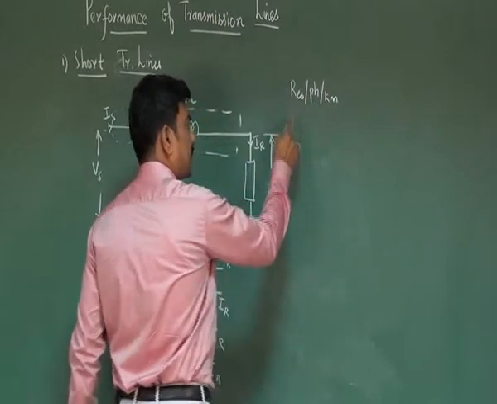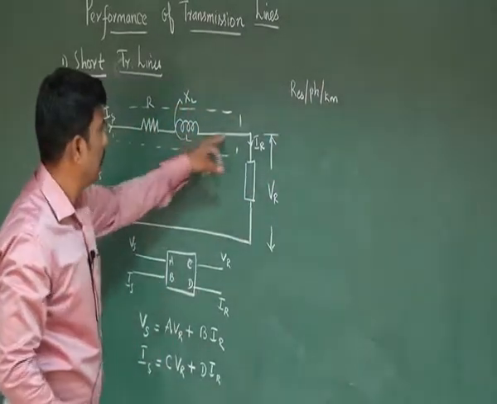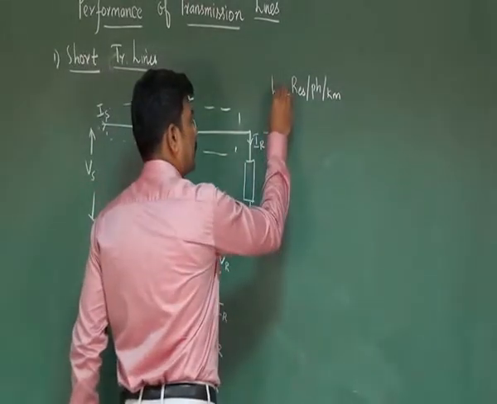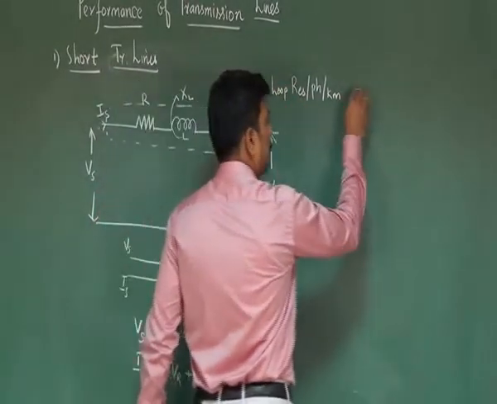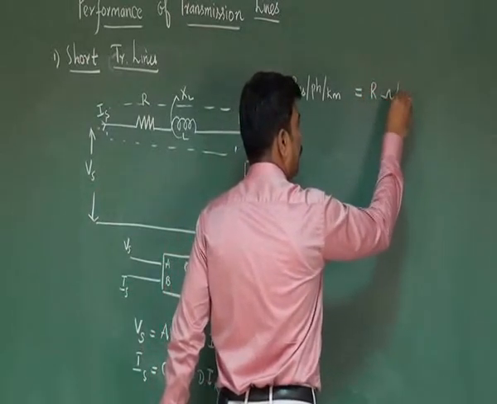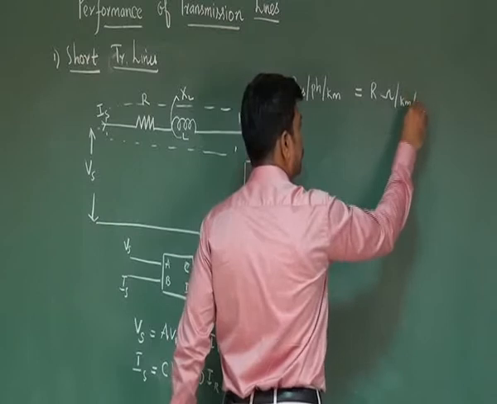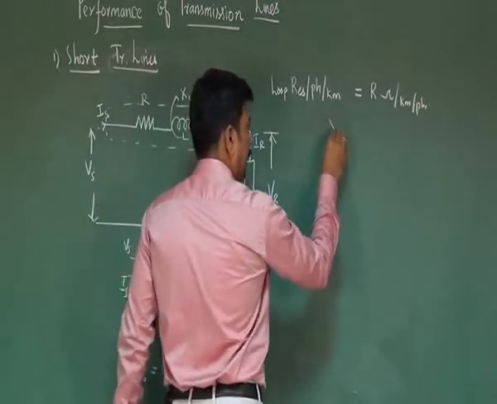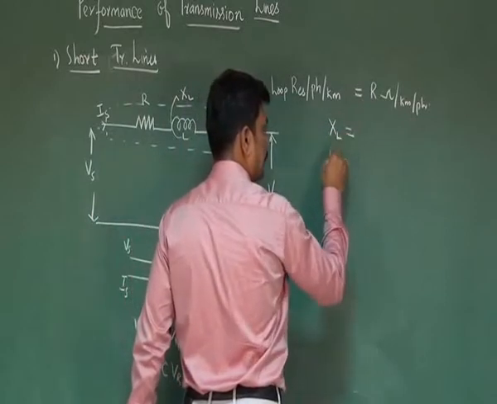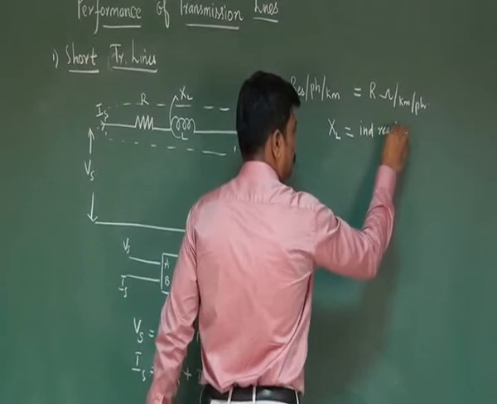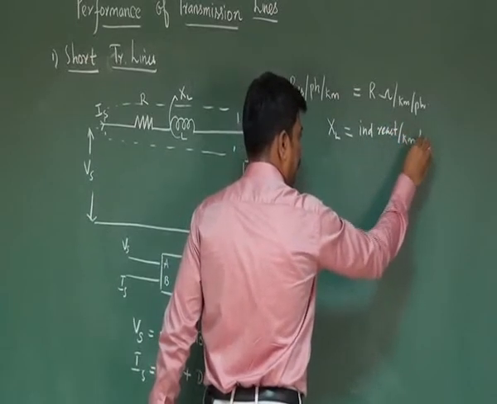Actually this resistance is not for one wire, the resistance is for two wires, so you can call it loop resistance. It is R ohms per kilometer per phase. Similarly, XL is inductive reactance per kilometer per phase.